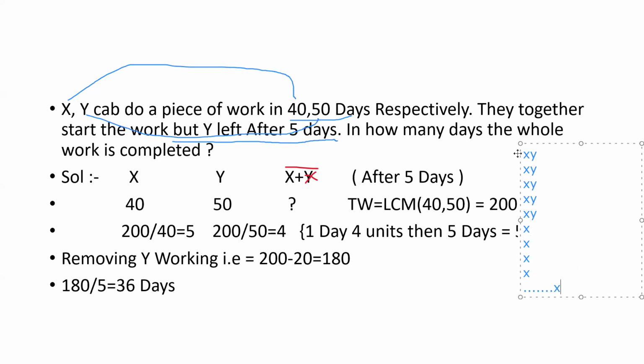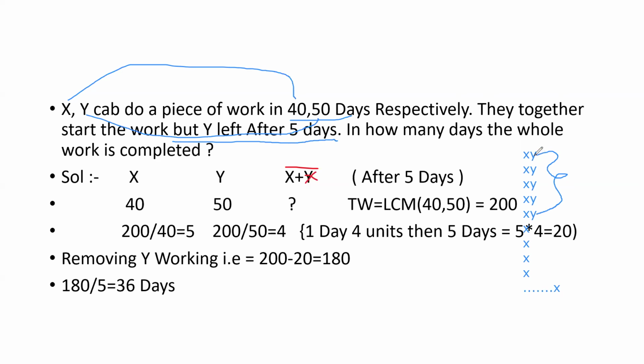We have to find the number of days in which the whole work is completed. Here, in the first 5 days X and Y work, and for all the remaining days X alone works.